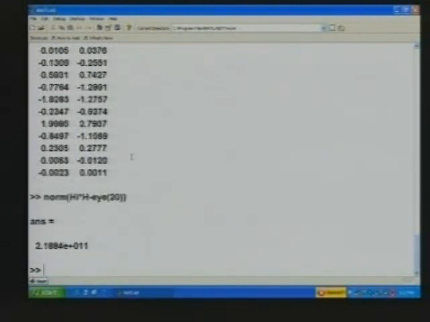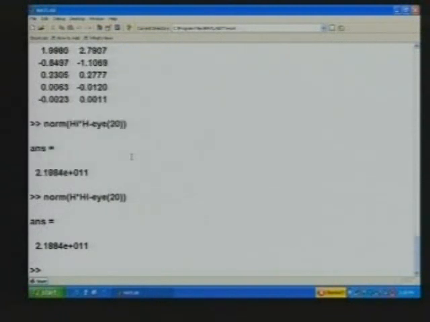If you subtract the identity matrix, the norm turns out to be very high, right? So, this is not working, right? Therefore, we have to use special subroutines for finding the inverse Hilbert. Just see the help of the inverse Hilbert.